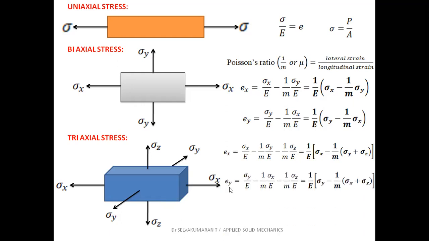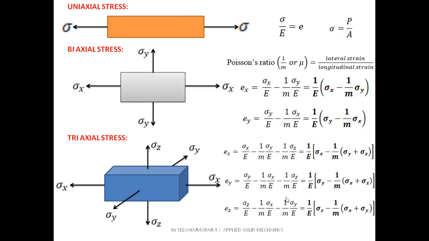Similarly, Ey, if you consider sigma y by E is the longitudinal strain in y direction, sigma z and sigma x becomes the lateral strain. So lateral strain is equal to 1 by m into longitudinal strain in x and z directions. So we can simplify like this.